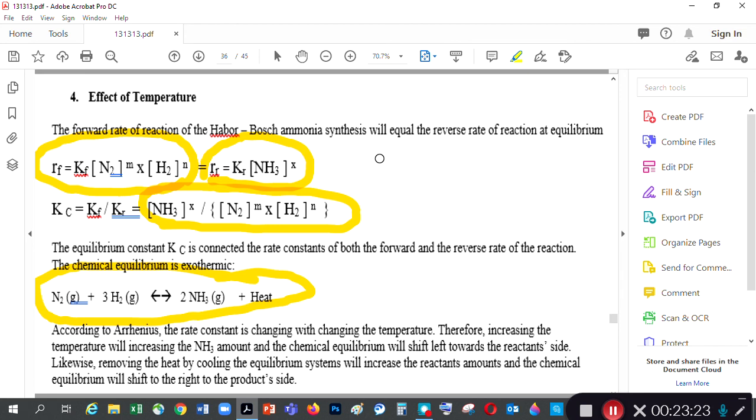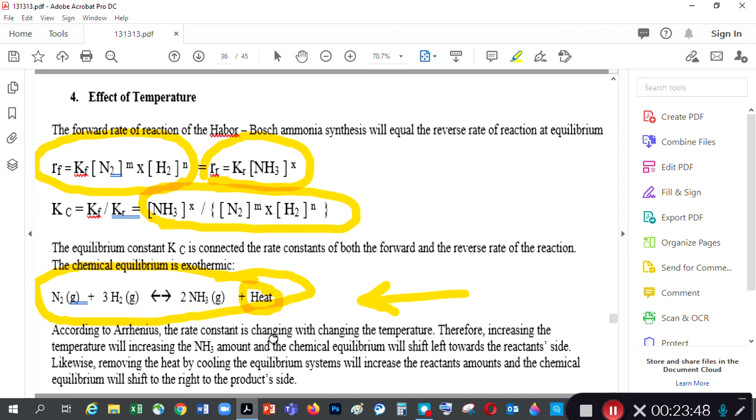So now, whenever you change temperature, if you add heat, the heat will add itself to the reaction, whether exothermic or endothermic. If I add heat, it will add to the right side. The product side will be under more stress, and the shift will be towards the reactant side.